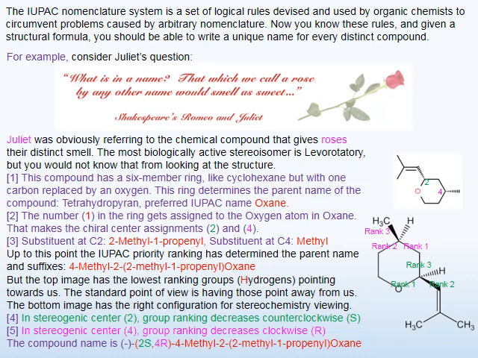This is the S configuration. For chiral carbon 4, group ranking decreases clockwise. This is the R configuration. And because this enantiomer rotates plane polarized light counterclockwise, we add a minus sign to the name. The IUPAC name including absolute configuration is (-)-(2S,4R)-4-methyl-2-(2-methyl-1-propanol)oxane.